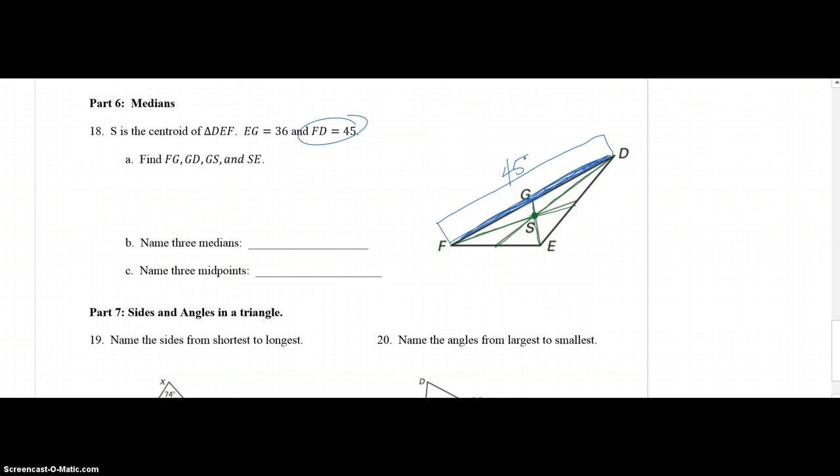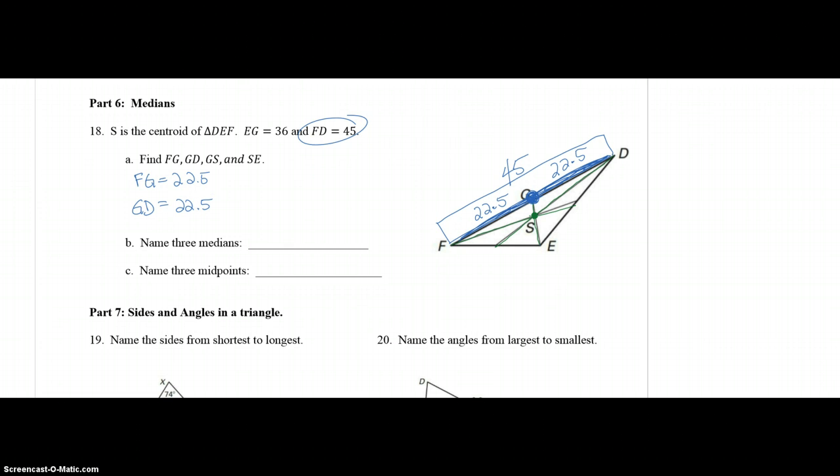Now, the definition of a median says a segment that goes from a vertex to a midpoint. So G is a midpoint. It is halfway. That means this has to be 22.5 and this has to be 22.5. So FG is 22.5 and GD is 22.5.